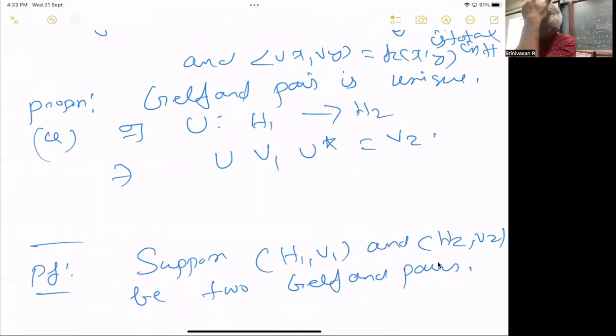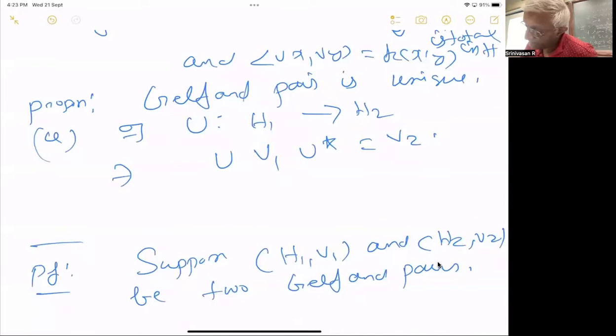V2, wait a minute. V2 is a function acting on that. What is it saying? Okay, let's just write.